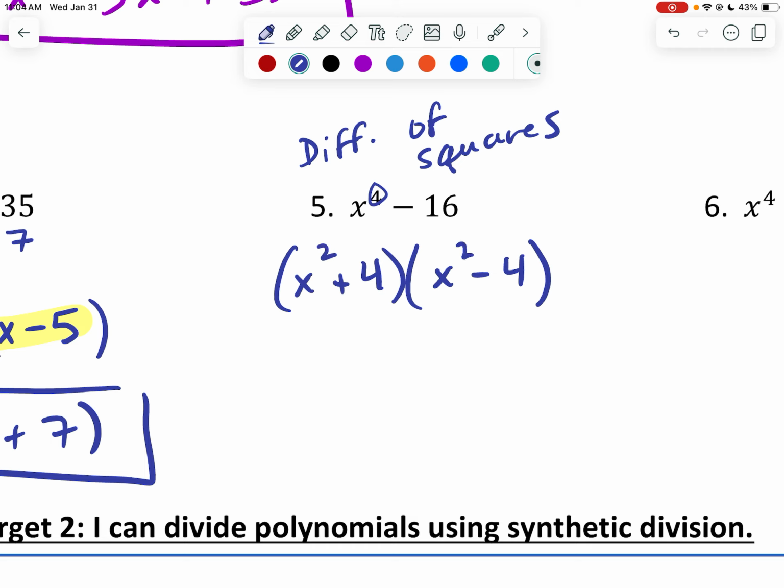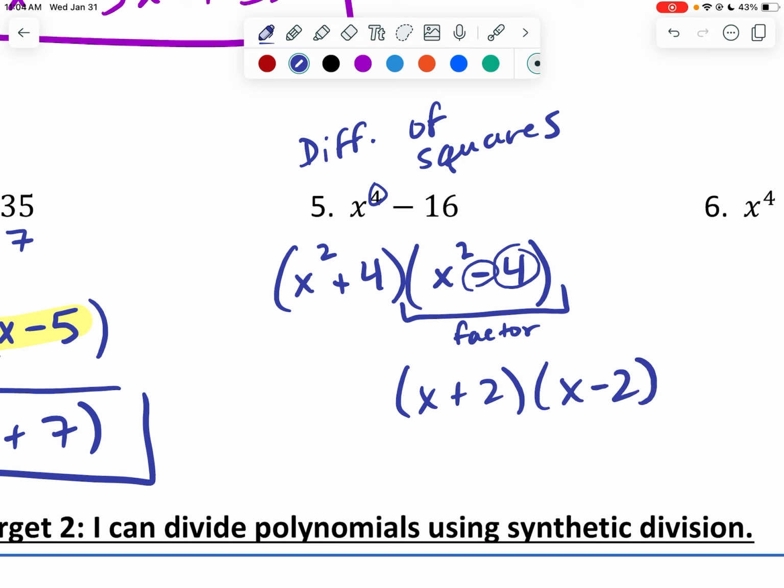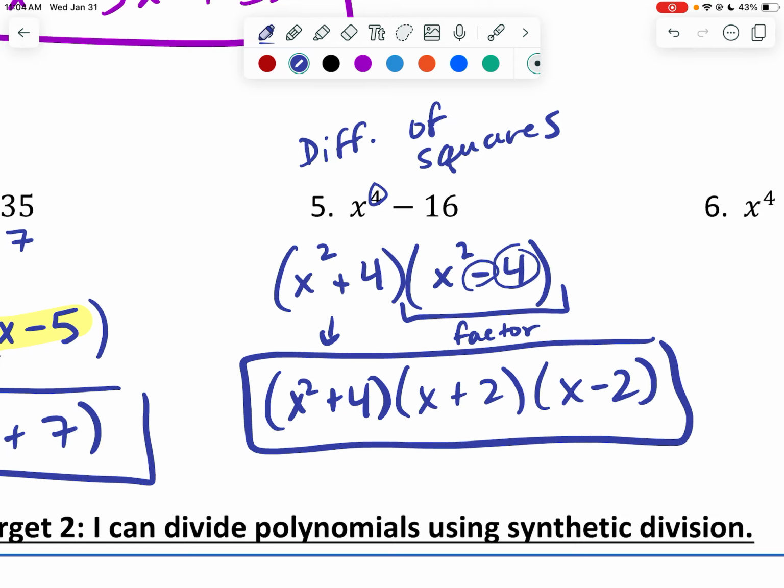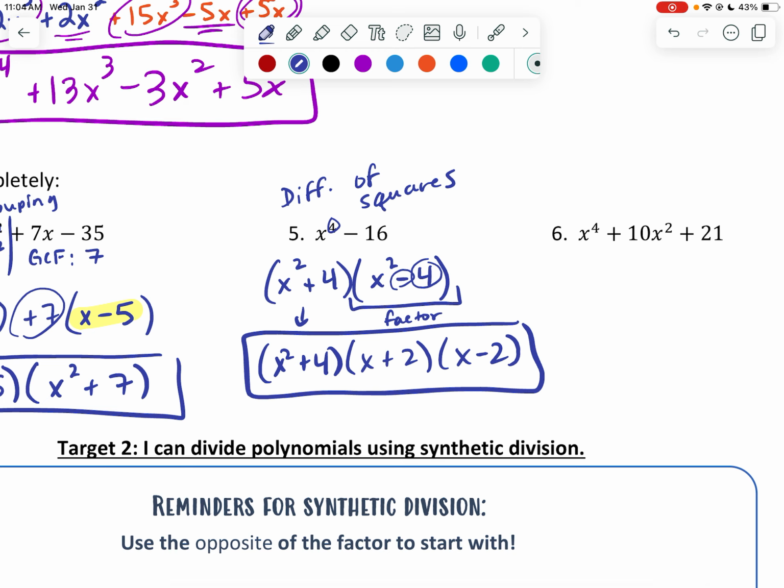And then sometimes you're done. But this one, 4 is also a perfect square, so we can factor this more because it's a minus sign. So this will become x plus 2, x minus 2. This one we can't change because it's a plus sign. So these would be our final factors. We're not solving it, so that's as far as we go.